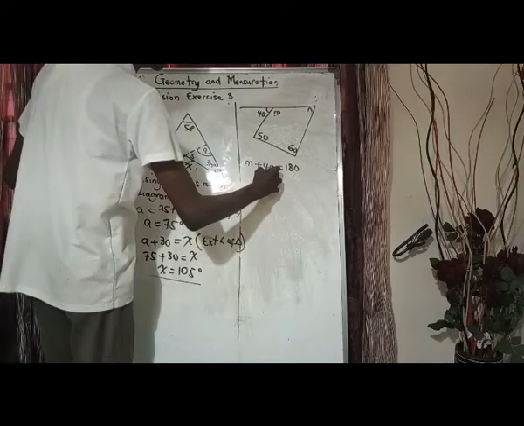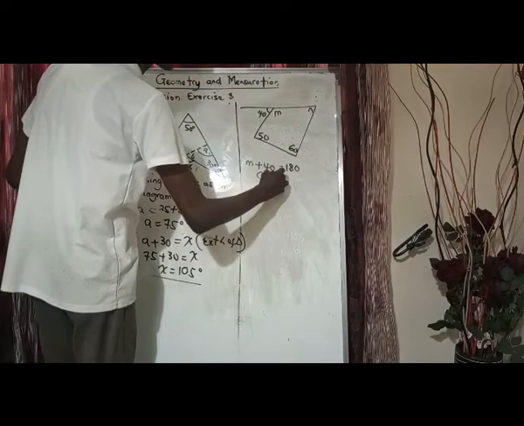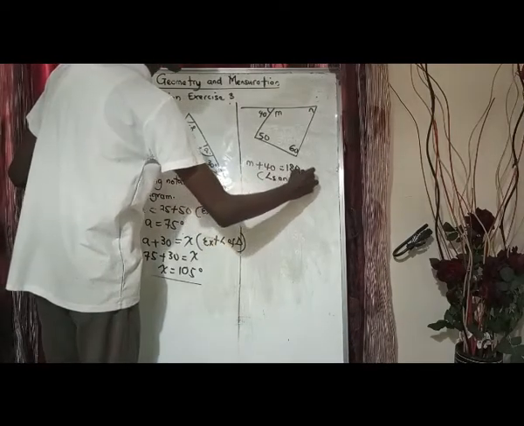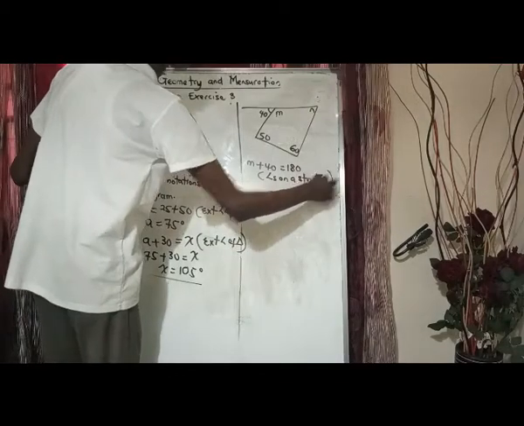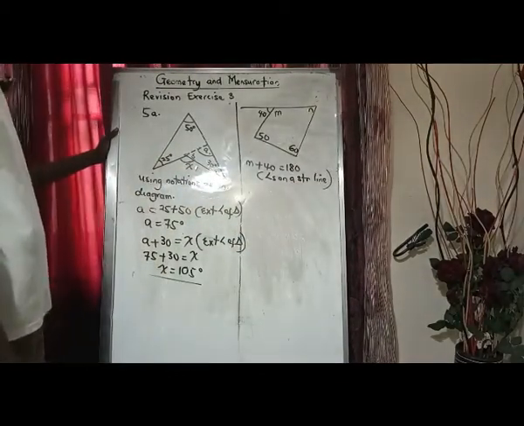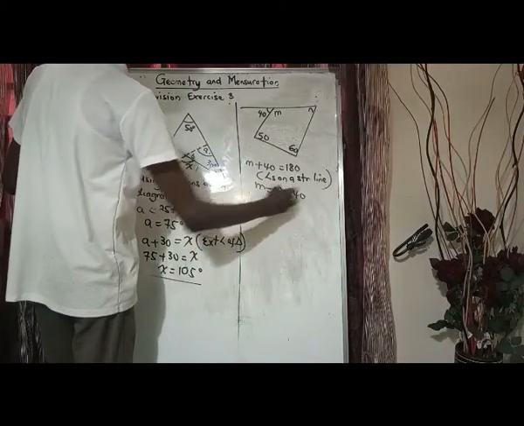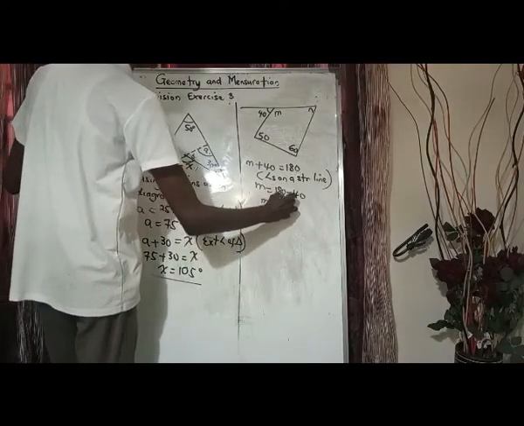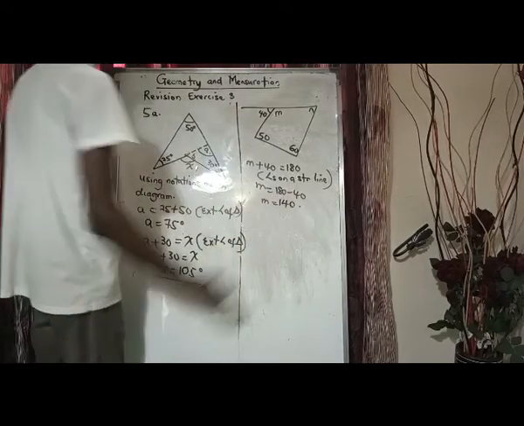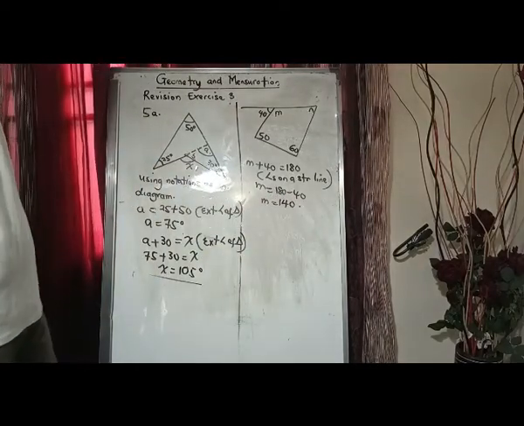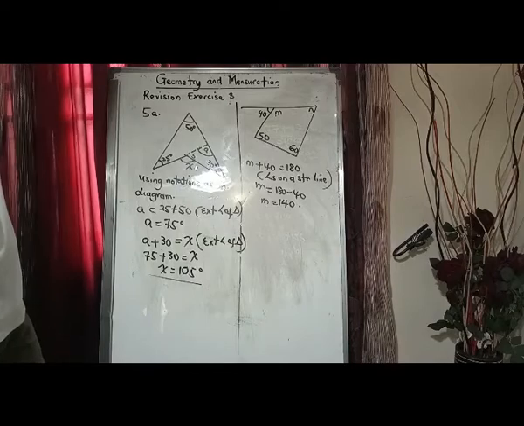So this is angles on a straight line. With that, we have that M will be equal to 180 minus 40, and M will be equal to 140 degrees.